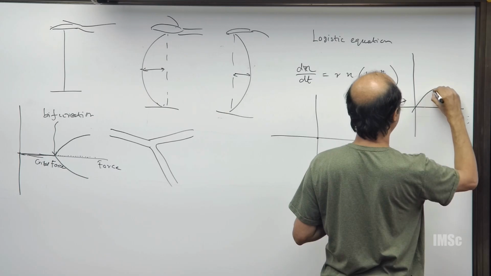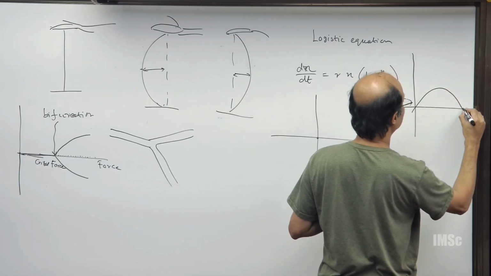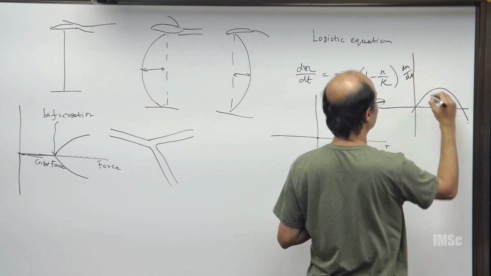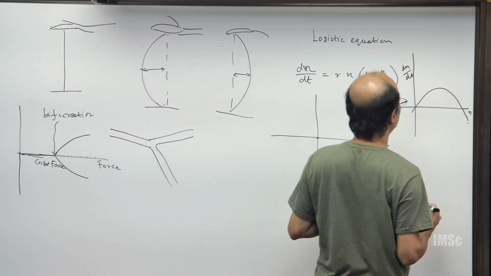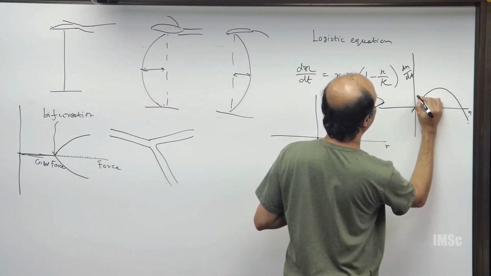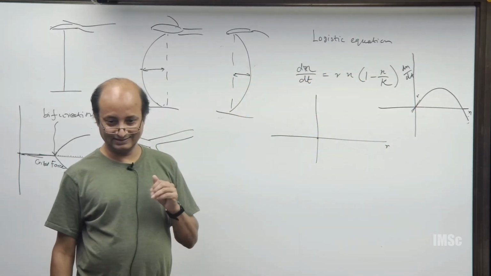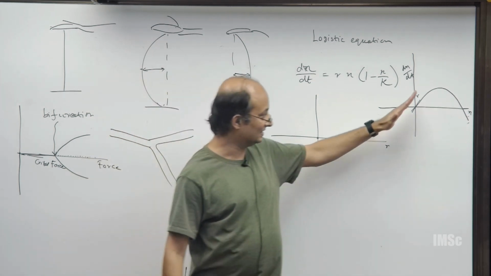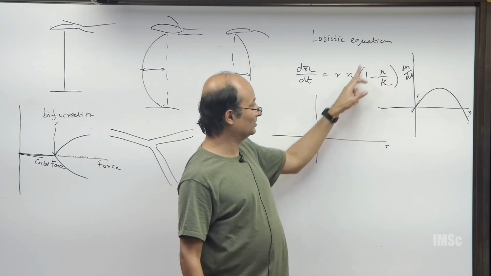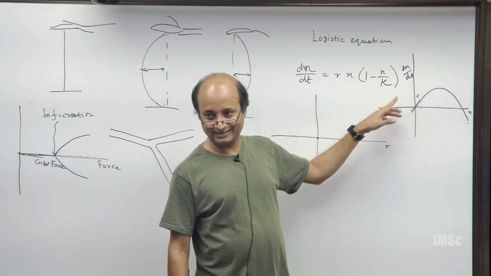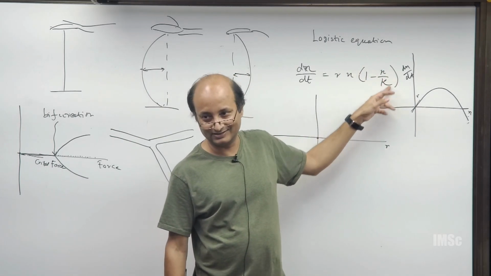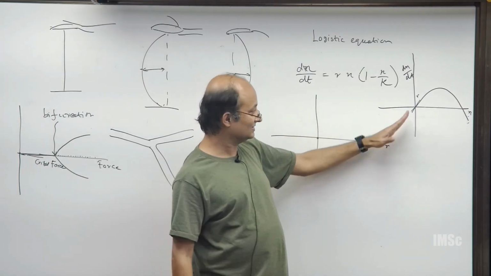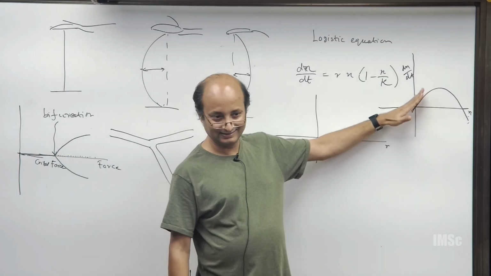So this is your dn/dt, this is your n, okay, and this slope is basically R, right. At very, very small values of n, it is just a linear curve Rn, because you can ignore the n/k term, basically this just becomes 1, because n/k is much, much smaller than 1. So you can just take it to be Rn, right. So this is just Rn, right.